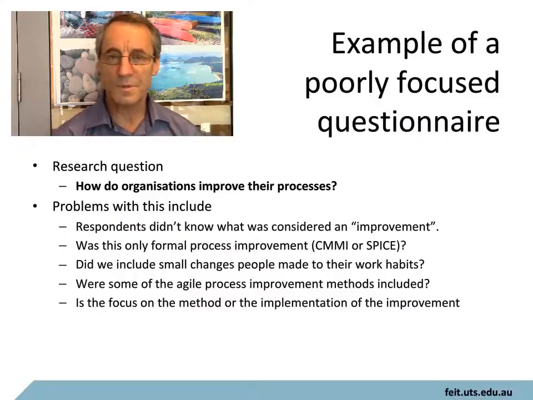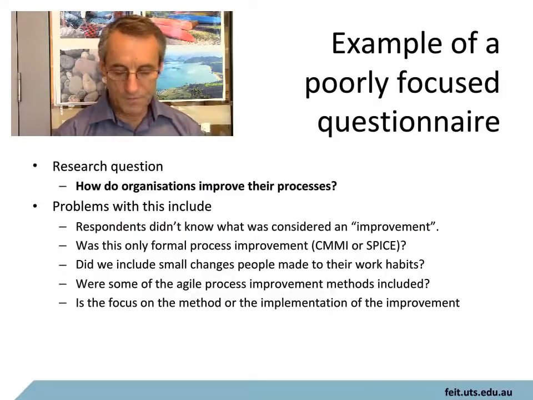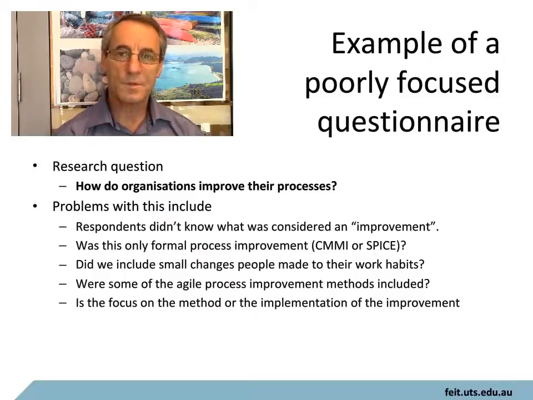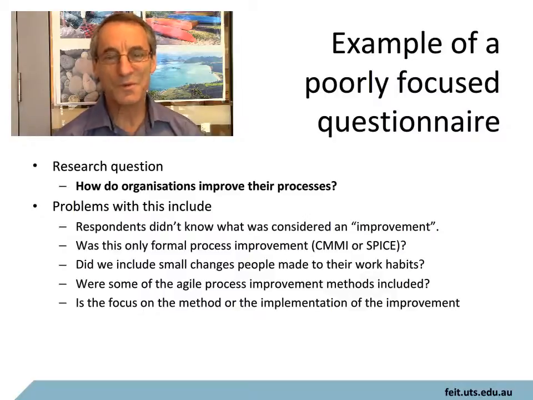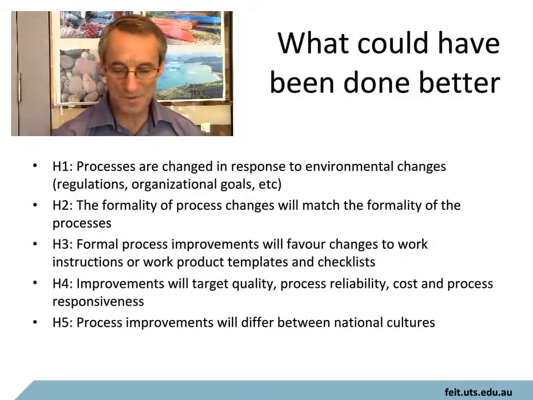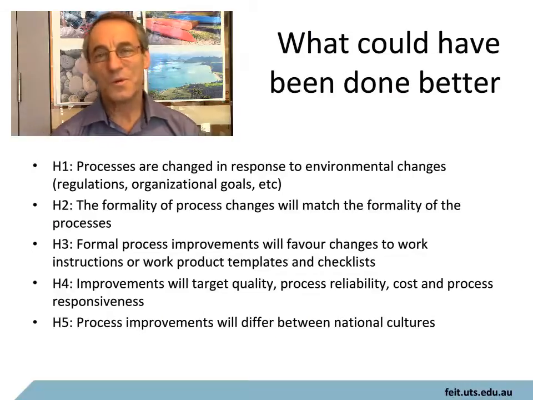Is that a process improvement? Could be. Now, was the focus on the method or the implementation of the improvement? So anyway, you get the whole thing. If your research question is poorly focused, your survey will also be poorly focused. So it's a problem. What could we have done better?